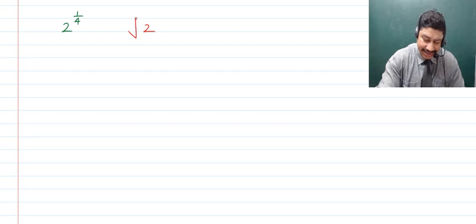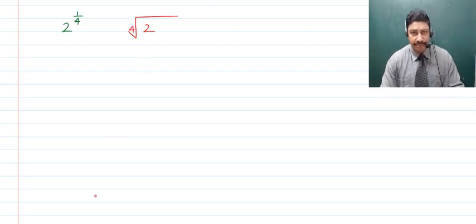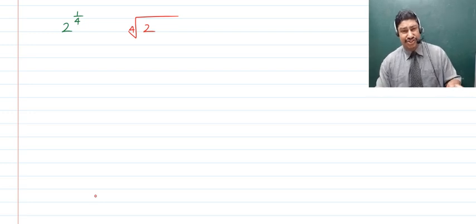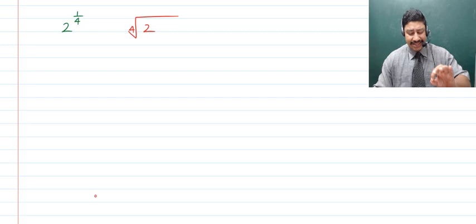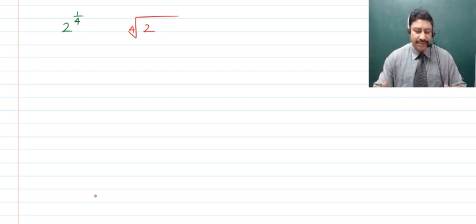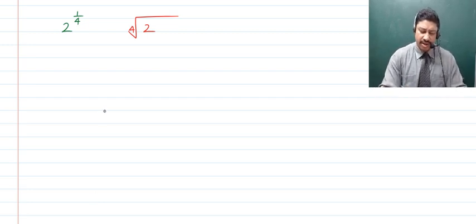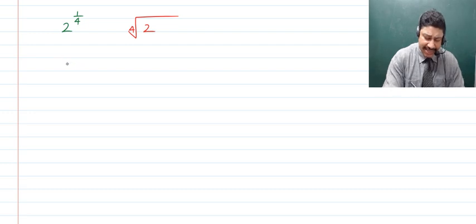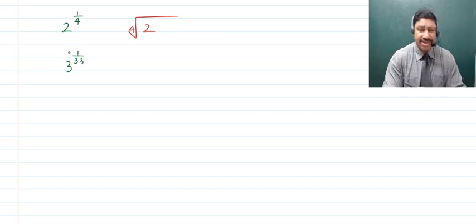Now, if we talk about representing this in the normal form, then we write this as 2 and then we make the root sign, and in this space we write 4. However, if this is just the square root, then you don't require to write 2 because that is from where we start, right? So if say we talk about another number, say 3 raised to the power some other fraction, let's say 1 upon 33, right?